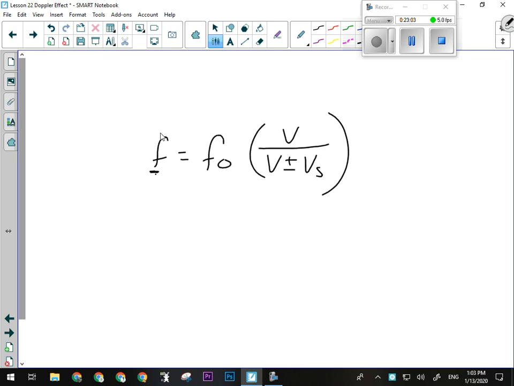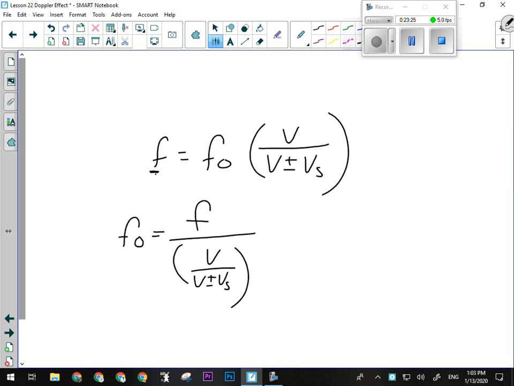They take this whole thing over, right? I mean, the brackets say I've got to know what this number is before I multiply it by this number, right? So this is really just a number, and I can divide it over here. So if I want to solve for fo, that's just going to be f divided by v over (v plus or minus vs). Okay, that's how I calculate that.